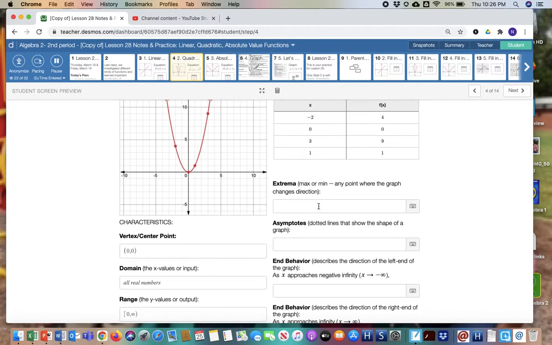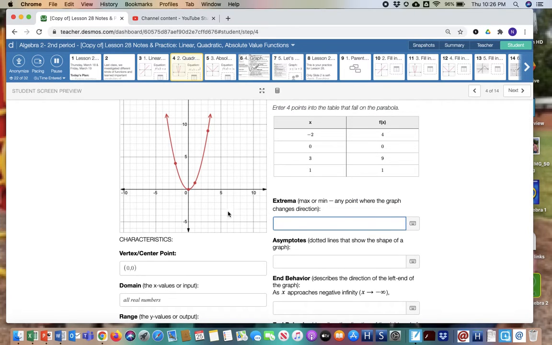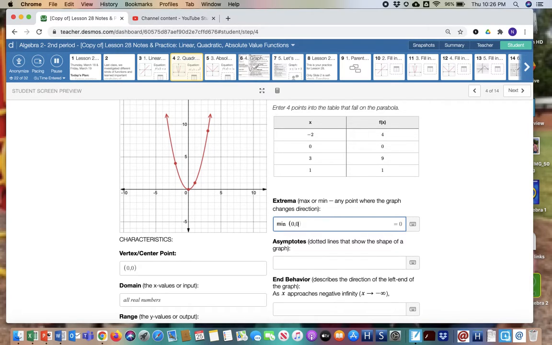All right, extrema. So any point where the graph changes direction. So does this graph change directions? Sure it does. Where does it change directions? Right there. Now, is that a low point, or what we call a minimum, or a high point, what we call a maximum? Well, it's the lowest point, so we're going to say it's a minimum at 0, 0. All right, asymptotes, are there any of those dotted lines it curves towards? No. End behavior.